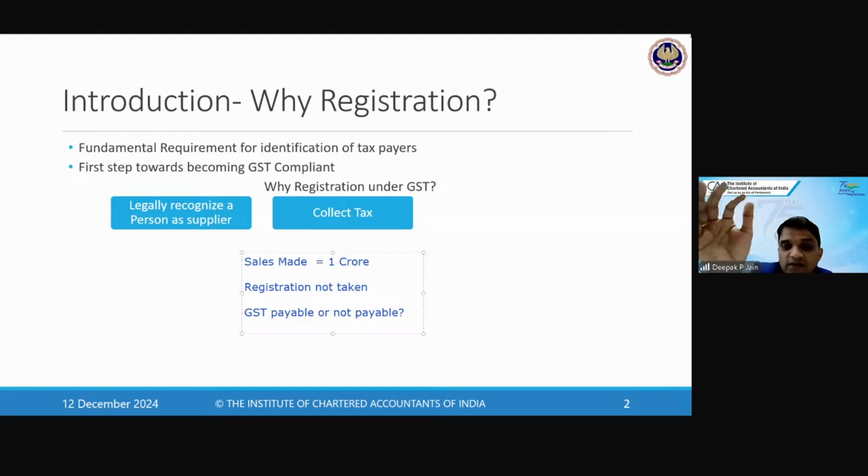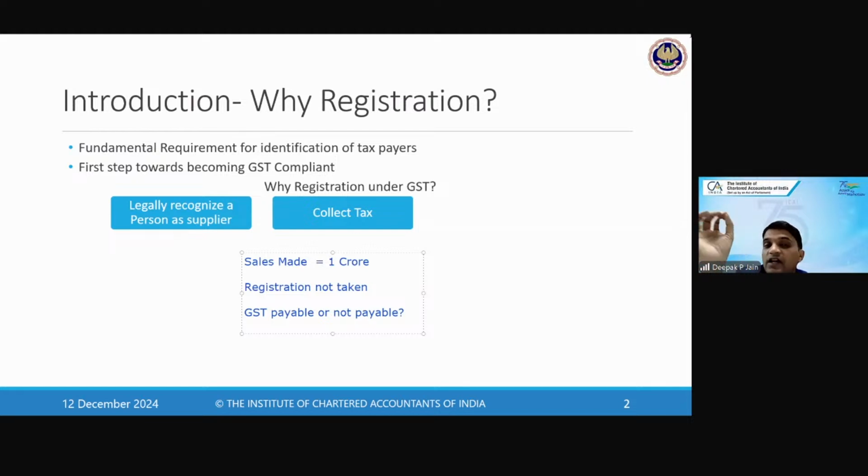Now he has made sales of 1 crore. Now he has not taken registration. So will you not collect GST from him? Will the government be quiet saying it doesn't matter if it is legal or illegal, as in income tax? Similarly here also, the supply and levy provisions say there shall be payable a tax.